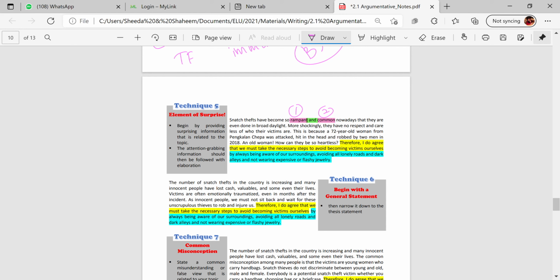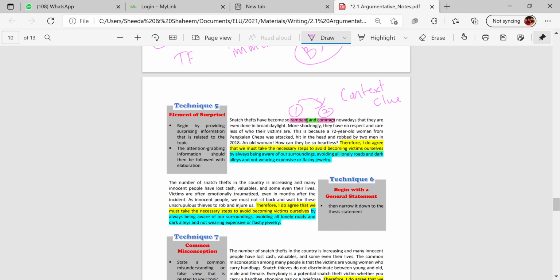So I don't know rampant, but I do know the word common. And the sentence here is become so rampant and common nowadays. So in a way, we can make an educated guess that rampant also means common. Okay, understand? Use our context clue skill. Now, as you can see, element of surprise.